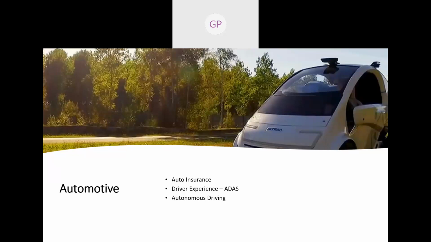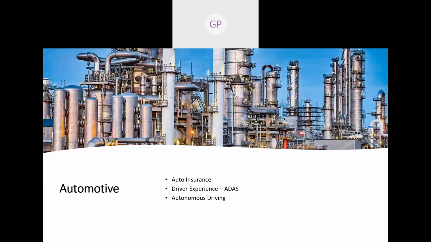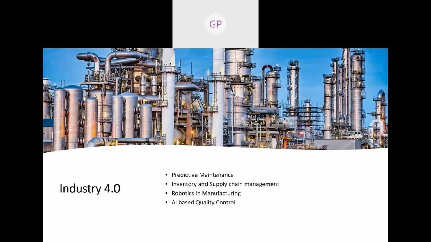All of these modalities collectively produce a large amount of data, which can then be used for building autonomous self-driving cars, which is already taking place in the case of Waymo and Tesla, and which we are already aware of. Then we have Industry 4.0.